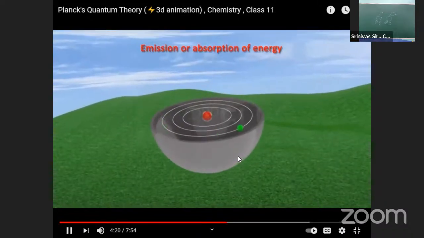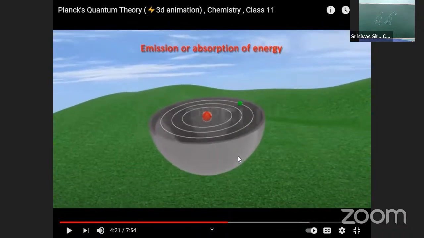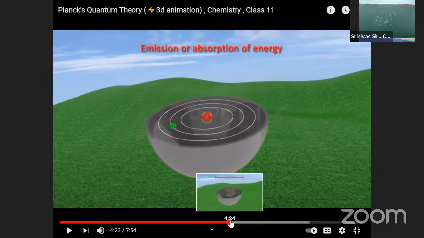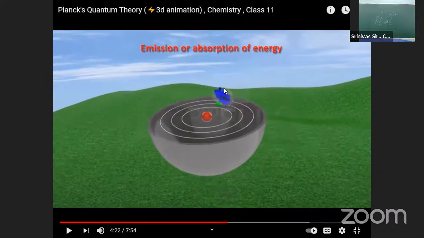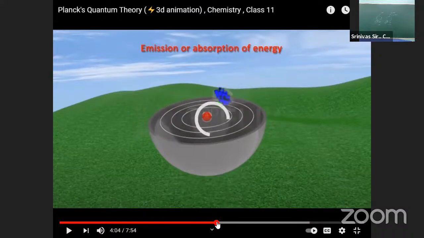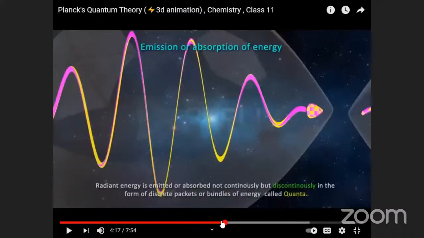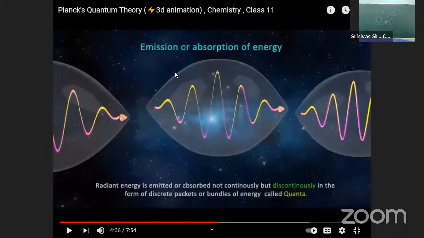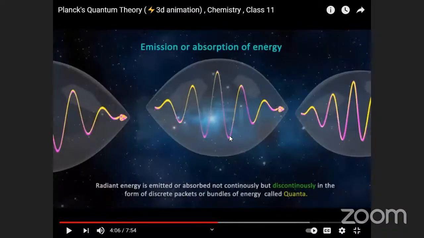Clearly notice in which form that light is being emitted. That blue color that was indicated, just look at the shape of that light. It looks like a quanta, right? That's how he showed it over here. Like this, right? Like quanta.